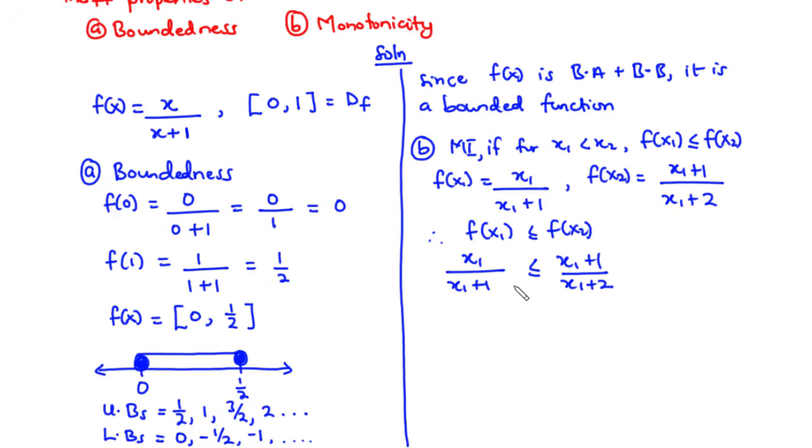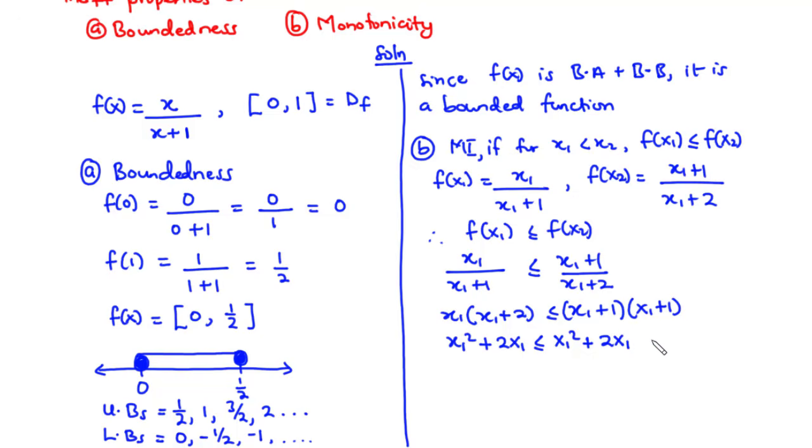Now let's cross multiply. So we have x1 into brackets x1 plus 2 less than or equal to x1 plus 1 times x1 plus 1. Now let's multiply across. x1 times x1 is x1 squared, x1 times 2 is 2x1, less than or equal to x1 times x1 is x1 squared, x1 times 1 is x1, 1 times x1 is also x1, so that becomes 2x1, and 1 times 1 is 1.